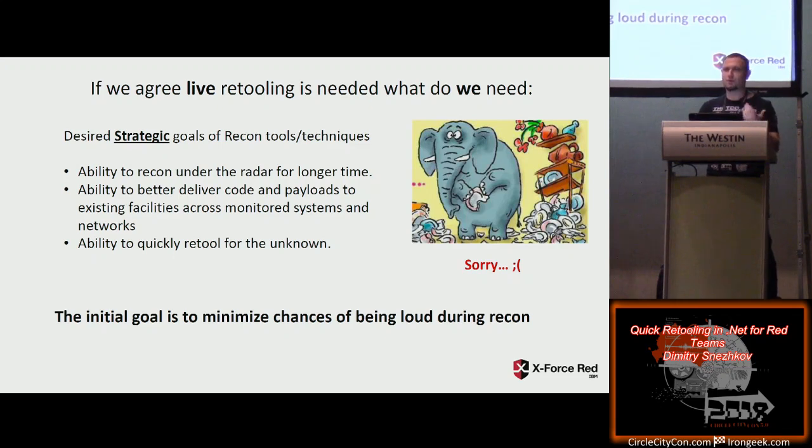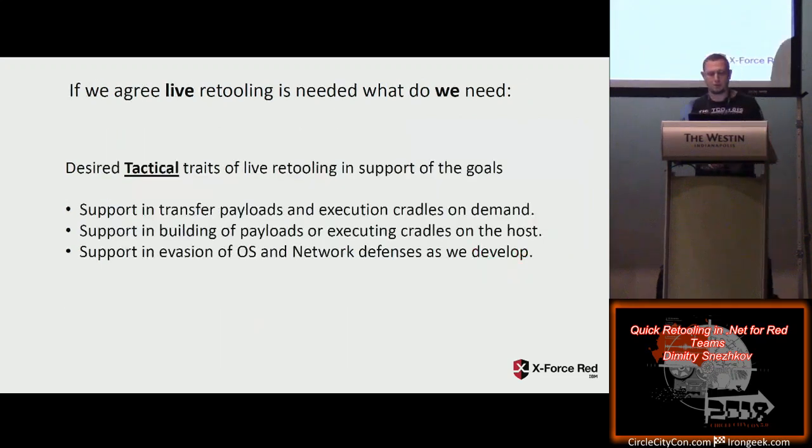And essentially, we want to deliver something into the environment that we can operate on as far as tools and other building blocks. So from the tactical perspective, what do we want? Well, at least we want support and transfer of payloads right into executing cradles, right? So we have a small cradle, we're going to talk about this, and then we're going to drop some payloads in it.